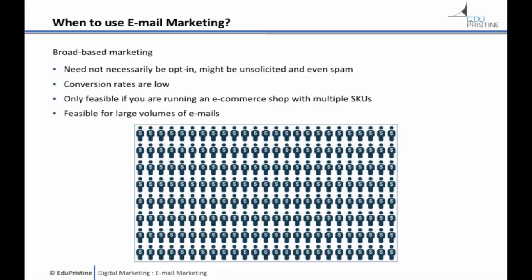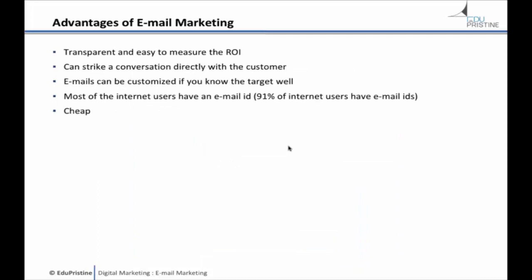If you have a large variety of products, it makes sense to do broad-based marketing. Right? And it is feasible for large volumes of emails. So we're talking about a couple of thousands to a couple of lakh email addresses. It is always feasible for large volumes rather than very small volumes.